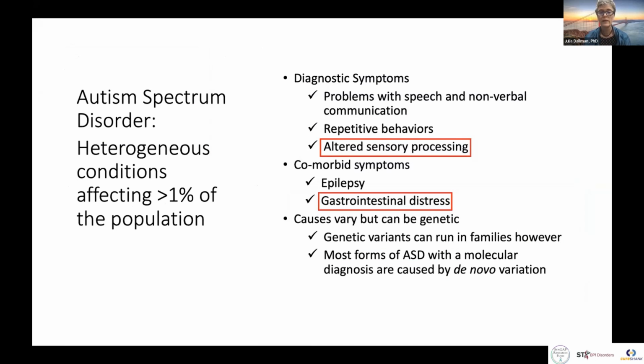So as someone who works in an animal model, and not even a rodent model, a zebrafish model, we focus on symptoms that we feel like we can make mechanistic insights on, and where the mechanistic insights might inform treatment strategies. And so the two that we've focused on are altered sensory processing and gastrointestinal distress, both symptoms that we know a little less about.